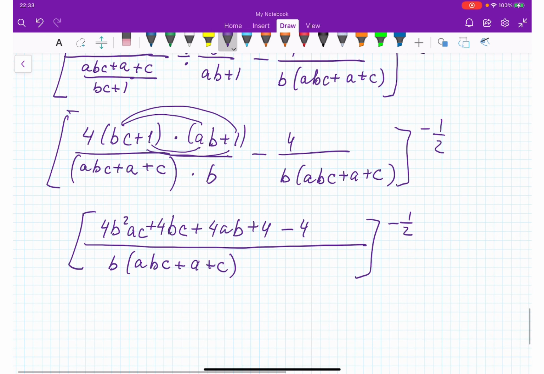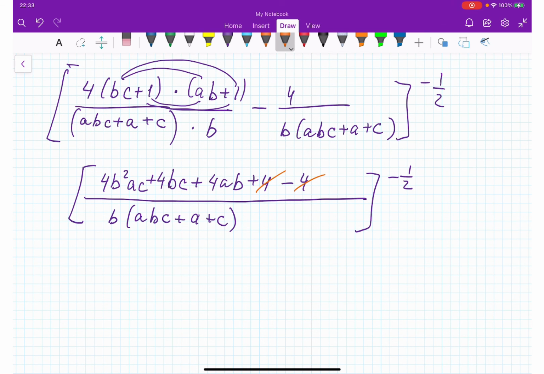Okay, what do we get here? Plus 4 minus 4 is gone, right? I can take 4B out, only 4B, common factor, and I will have BAC plus C and plus A. Look how beautiful it's happening here.